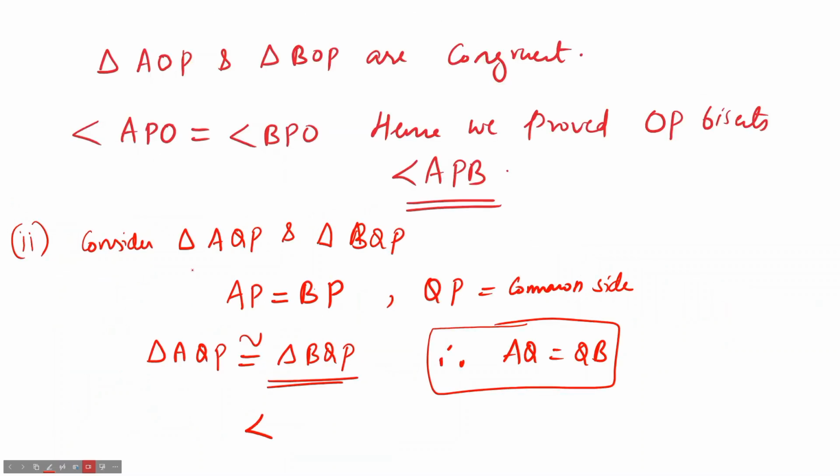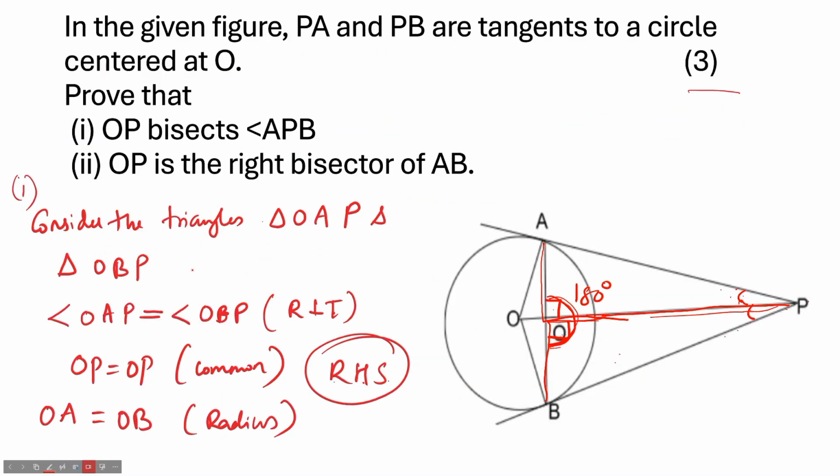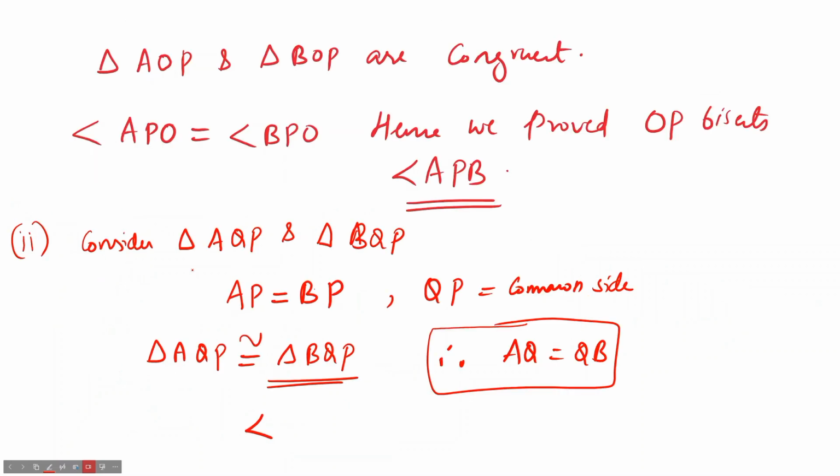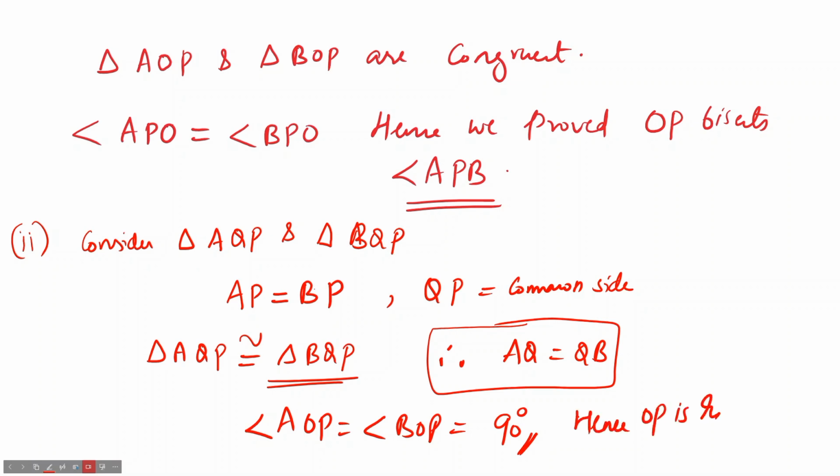So angles AOP and BOP are 90 degrees. Angle AOP equals angle BOP equals 90 degrees. So we can say it's a right bisector. Hence, OP is the right bisector of AB.